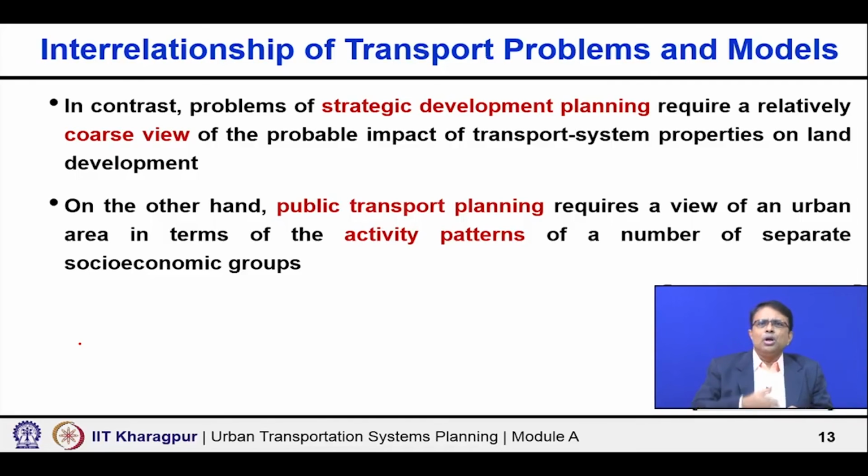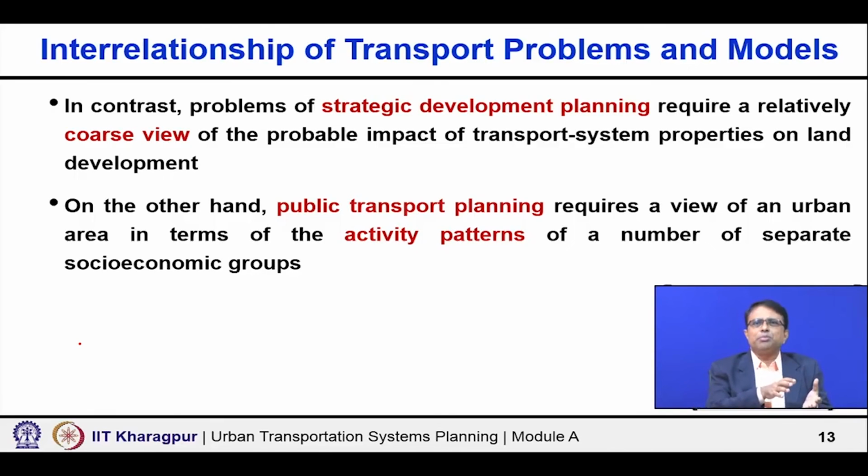So, if you want to do public transport planning, you need to know how activities are distributed, what kind of activity patterns are observed. Accordingly, the way people move, you need to understand that, then only can you provide your transportation service, public transport system, so that they can do the activities while using the public transport system to travel in between, right.